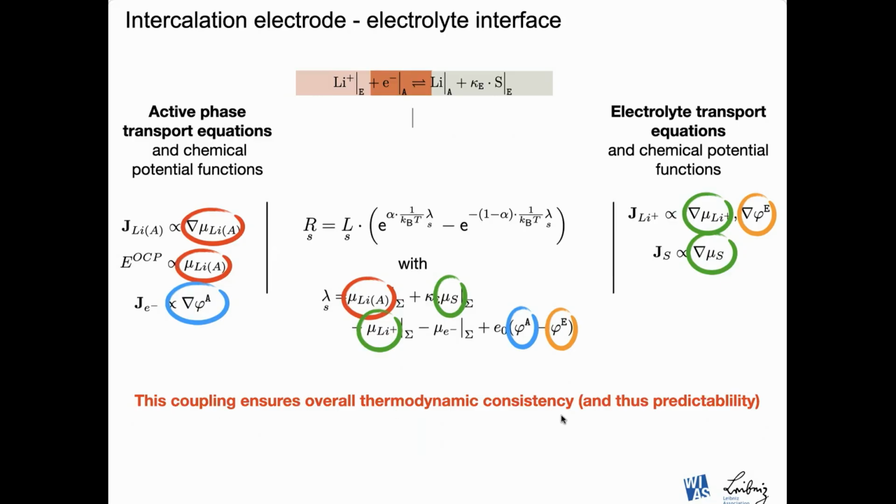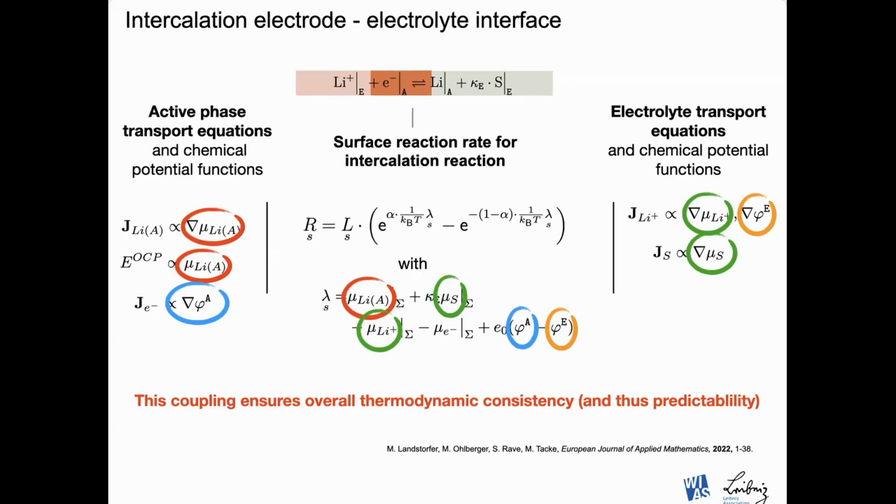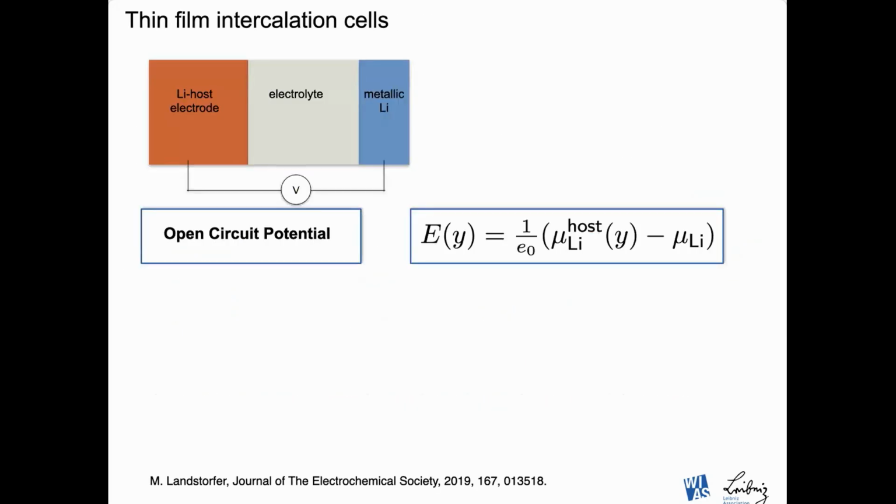But when you ensure this, you ensure overall thermodynamic consistency between the two phases and their common interface. And this is, of course, well, not only in my opinion, but from a consistency point of view, necessary in order to have really predictive value, which is what we want to have in the end for these types of models.